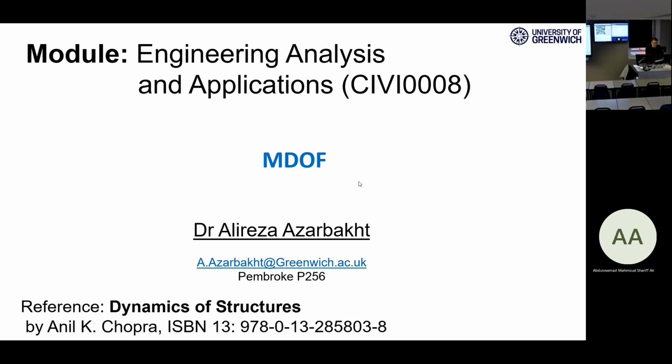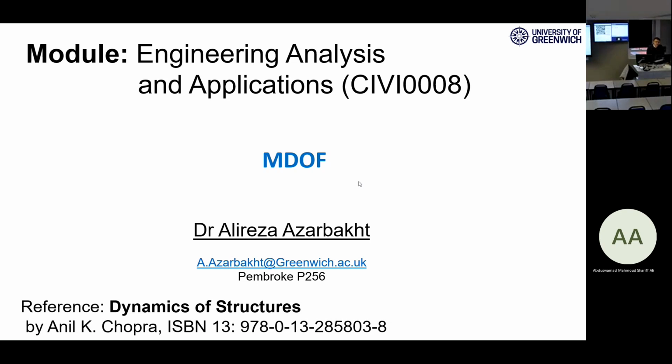So today I'm going to conclude on what we have done in a few recent sessions. And we just moved to the MDOF, which stands for Multi-Degree of Freedom Systems. So far we discussed single degree of freedom systems, which had only a mass and a stiffness. And the differential equation was very simple, with scalar values: m u double dot plus k u equal to any external load you have.